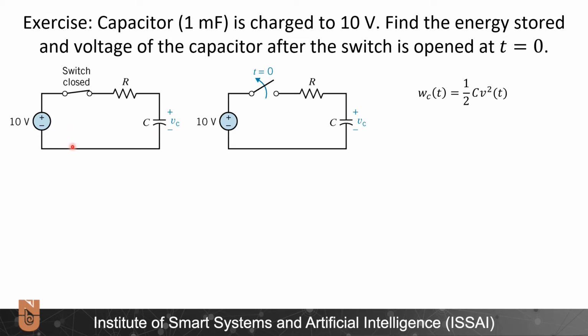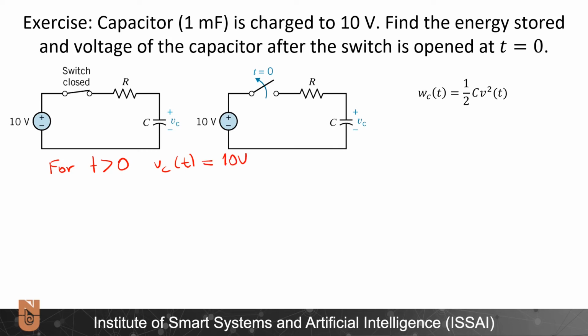This is the steady state value of that first order circuit. Now, at t is equal to 0, this circuit is being opened. Therefore, no current will ever pass through this resistor and the capacitor will retain its 10 volt value. Therefore, for t greater than 0, the voltage over capacitor will be equal to 10 volts.